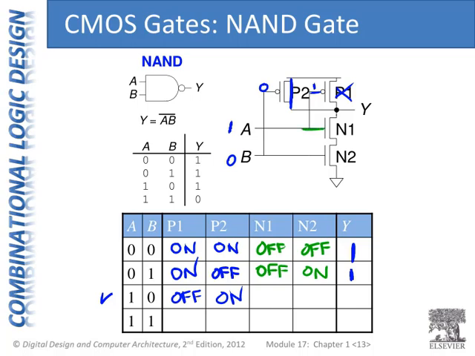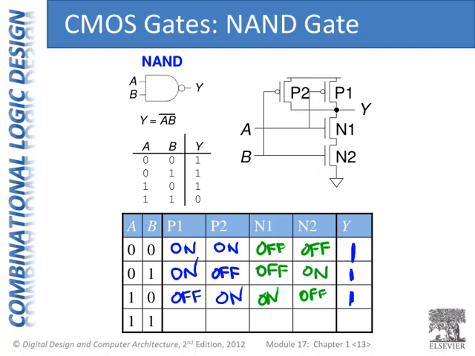A is 1 again, and so N1 is on. B is 0, so N2 is off. And so our connection between Y and ground is cut off because of N2. But we have a connection between Y and VDD through P2. And so our output Y is pulled high to 1.